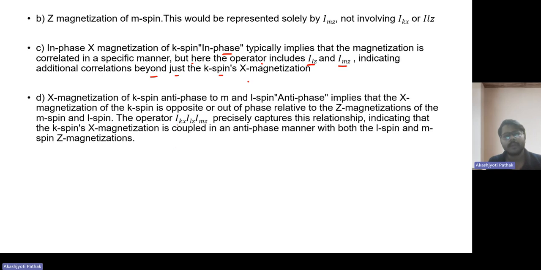So the operator IKX, ILZ, IMZ together precisely captures this relationship, indicating that the K spin X magnetization is coupled in an antiphase manner with both the I spin and M spin Z magnetizations. So the correct option is option D.